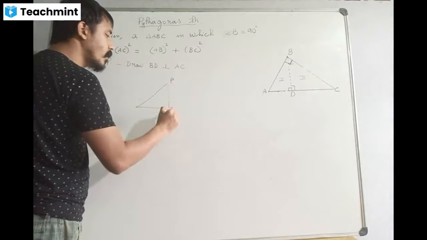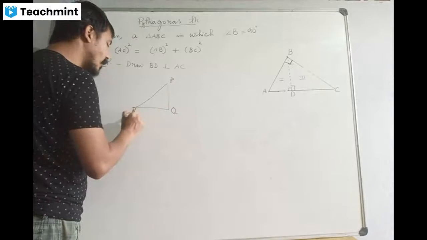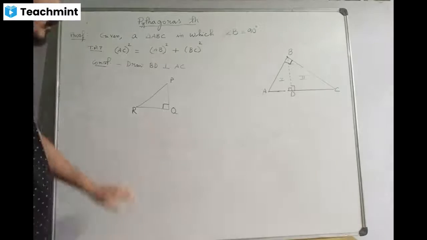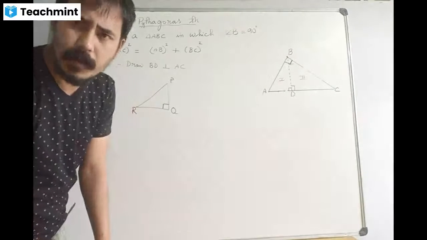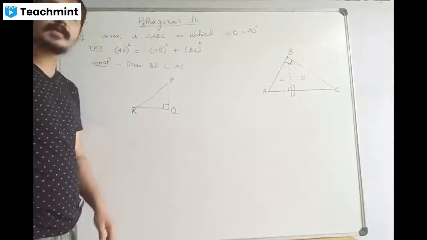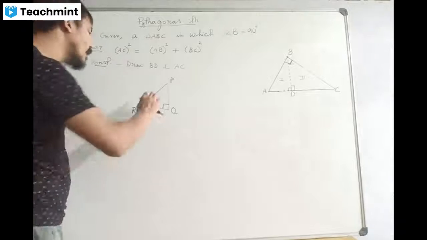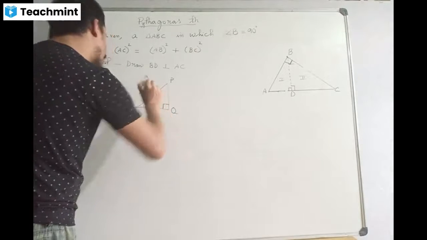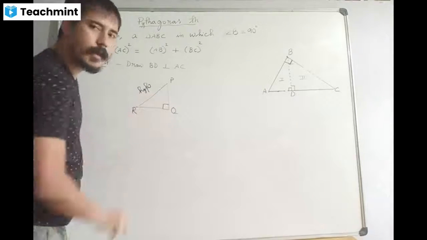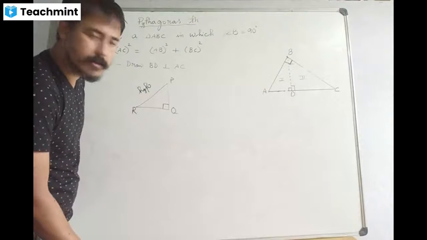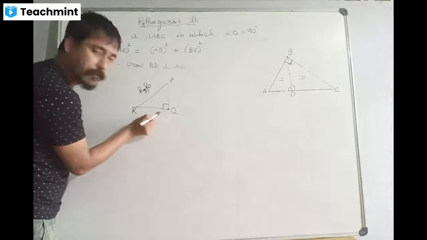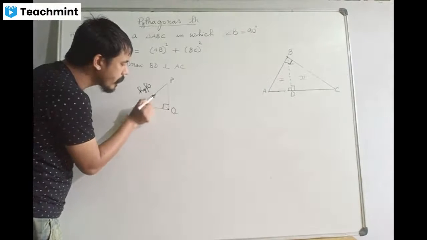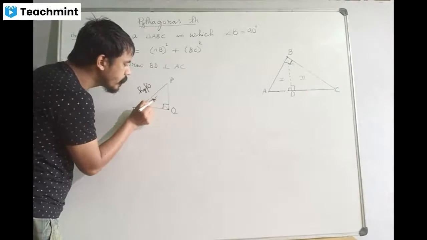Say PQR, in which angle Q is 90 degrees. I have drawn a simple right triangle PQR in which angle Q is 90 degrees. In that case, PR is your hypotenuse, because PR is opposite to your right angle. From Q, you draw a line perpendicular to PR.